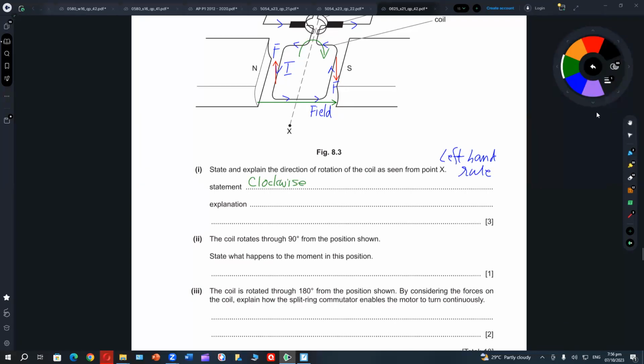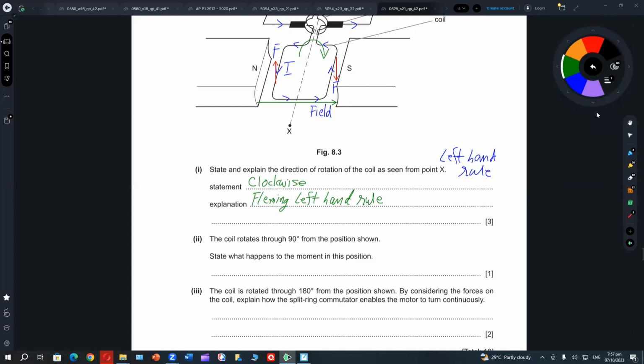What is the explanation for this? You will tell the examiner that this is according to Fleming's left-hand rule.